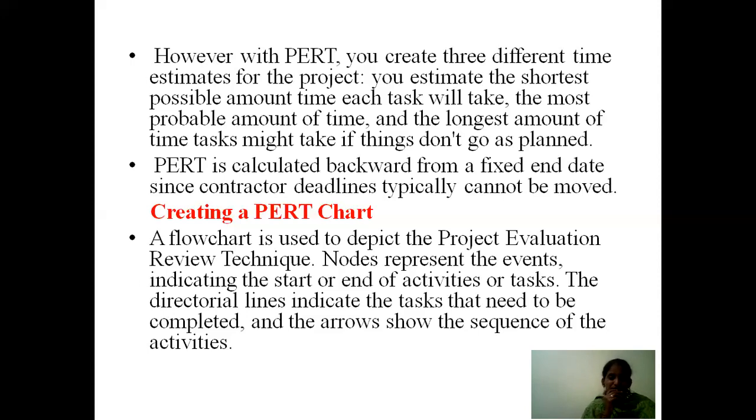The arrow mark which connects all the nodes gives the sequence of each and every activity. First, what task should be done, and then what follows. So, how we are going to know the sequential order of the tasks to be completed can be given by the arrow mark of each and every direction line.